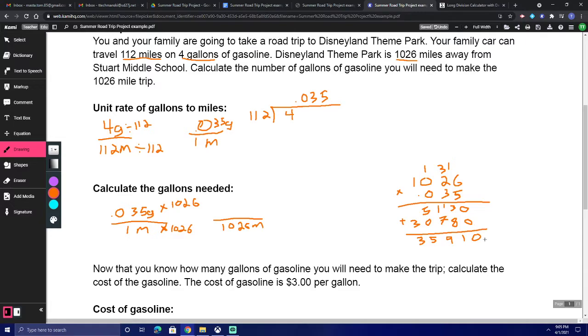In this case, I have 3, so my decimal point would start here, and I'd make 1, 2, 3 jumps. So I know it would take me 35.91 gallons to travel the 1,026 miles to Disneyland.